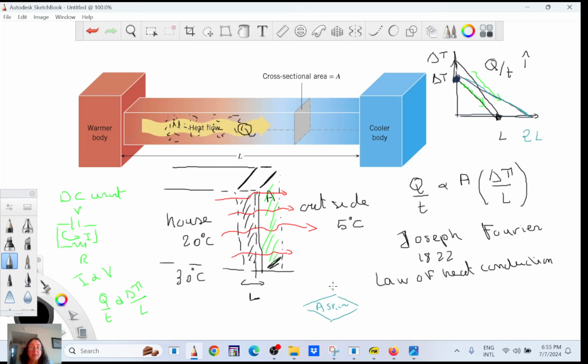Inside the body maybe it's 37 degrees, and maybe outside is 10 degrees Celsius. So the heat will flow from inside to outside. Maybe we are overheating, so we are getting rid of the heat to cool down. That's another example.